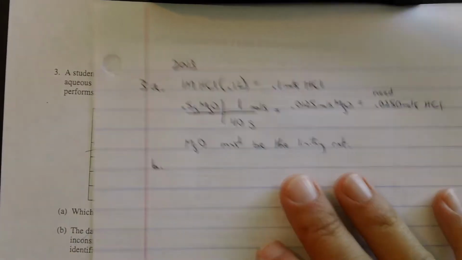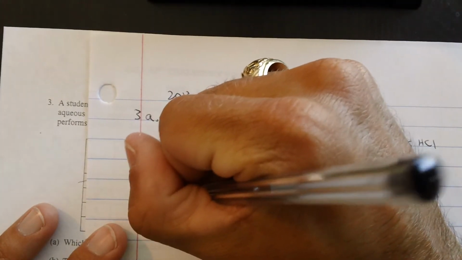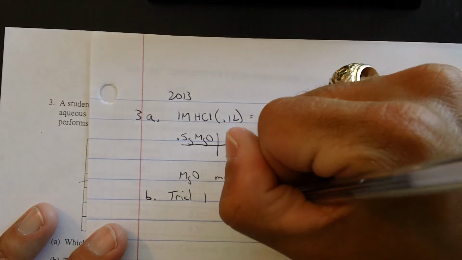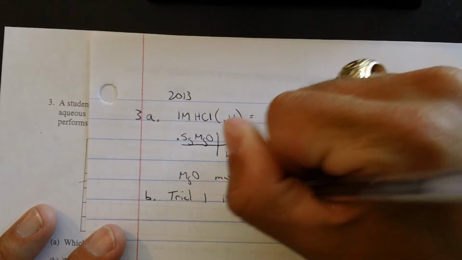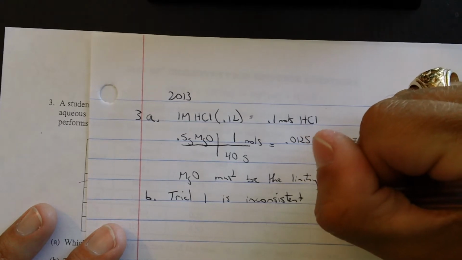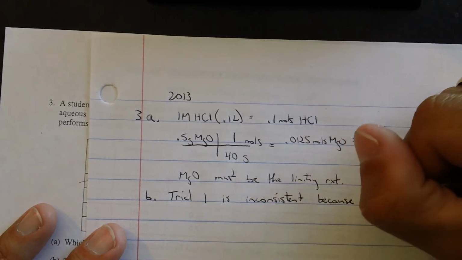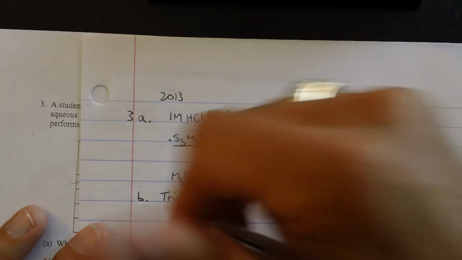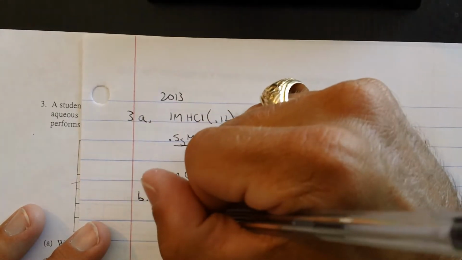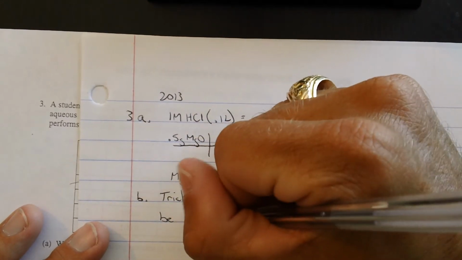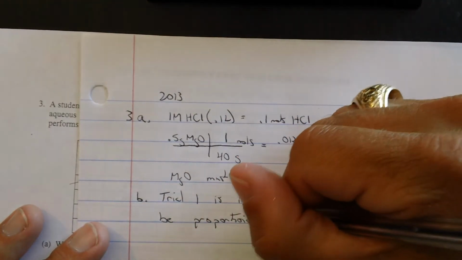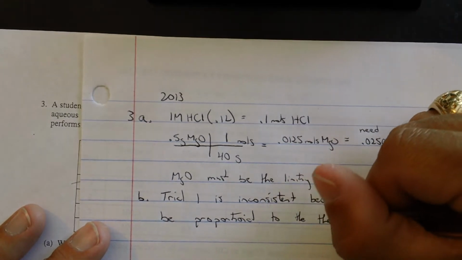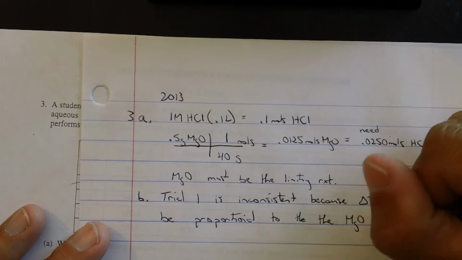So I put trial 1 is inconsistent because temperature change should be proportional to the magnesium oxide added.